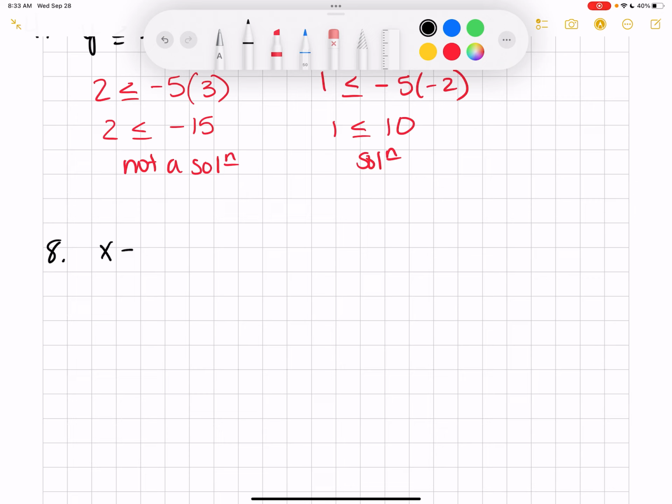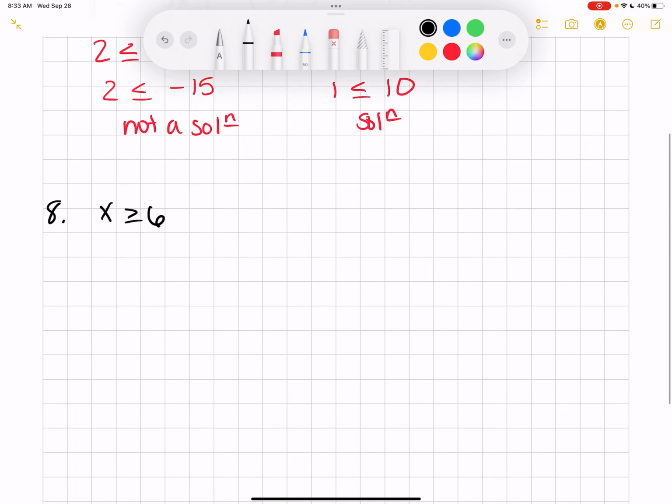The first one is x is greater than or equal to 6. I'm going to graph it like normal, and you're welcome to use graph paper if you don't want to.